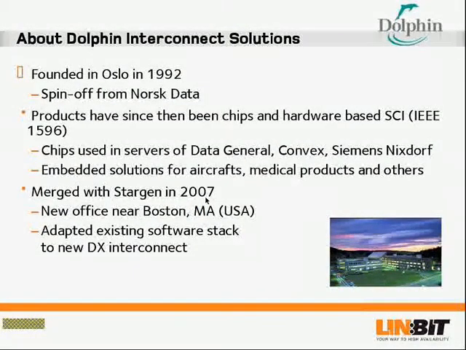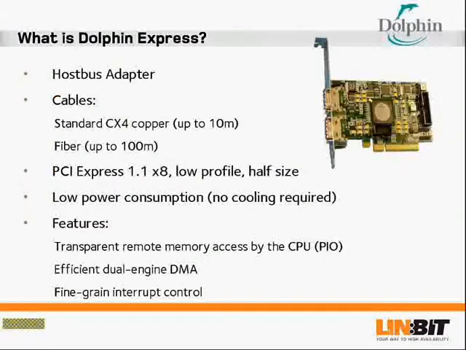And the DX interconnect is, if you can see it on the next slide, first just a simple piece of hardware, as you know it, like a NIC, and it's a PCI Express board with an X8 interface.